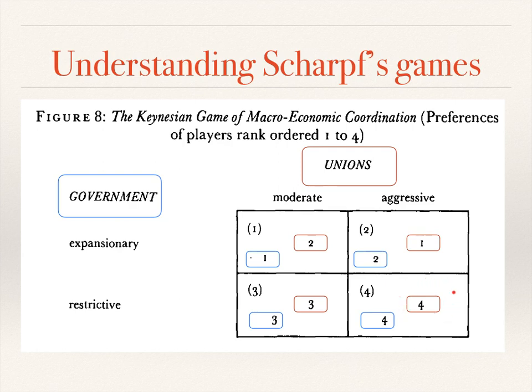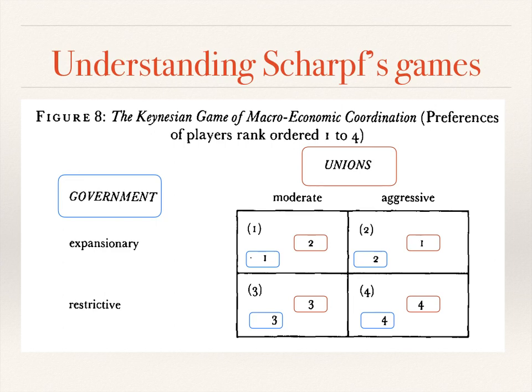Their worst choice would be an aggressive wage policy in restrictive conditions, because by trying to get their wages up in economic circumstances that don't sustain it, they wind up causing greater unemployment. That's discussed in the piece. But for present purposes, all we need to know is that these are the order of preferences, 1, 2, 3, 4, and then he gives the government preferences like that.